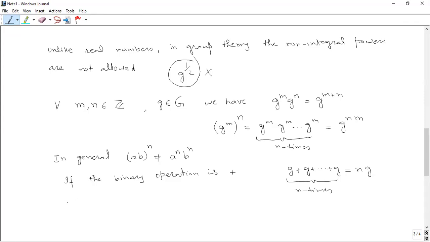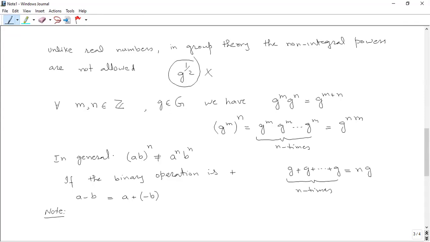And also, if the binary operation is plus, addition, then a minus b is actually equal to a plus the inverse of b. Okay, and we have a note or a remark.